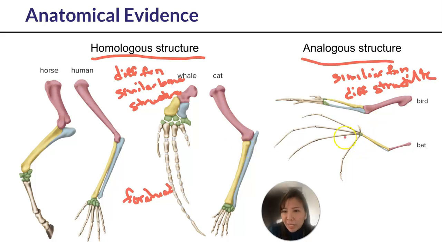Okay, so you can kind of see the structure here is very different, right? The bone structures, but they have similar functions. Whereas here you can see that these structures, with regards to how we have these fingers, for example, are very similar, but we have very different functions. So that's homologous versus analogous.